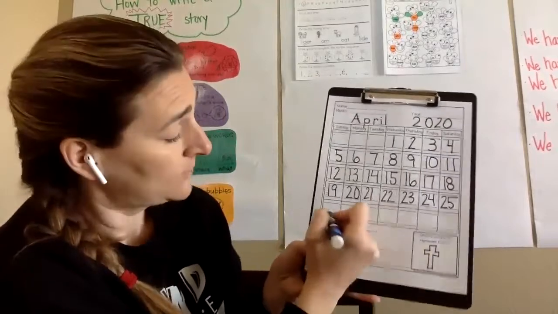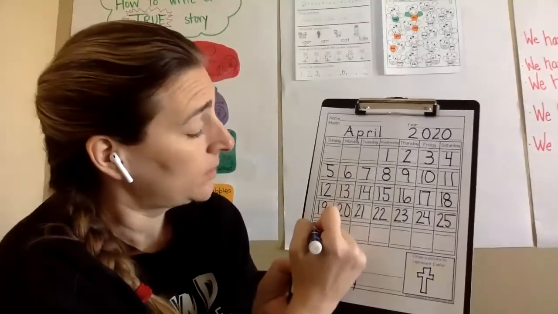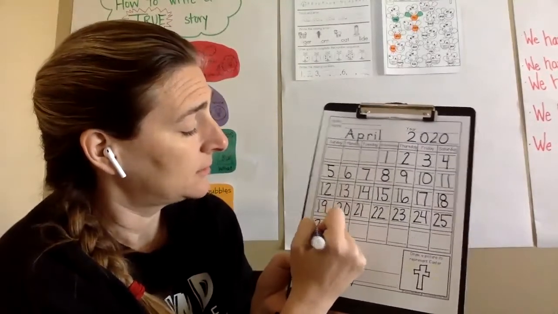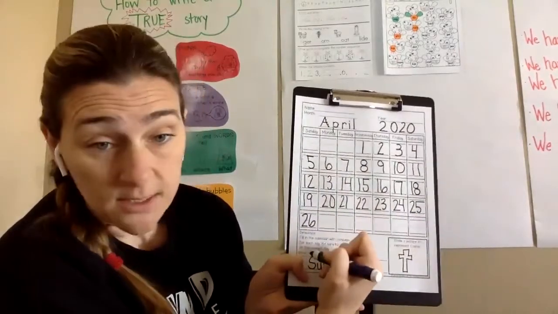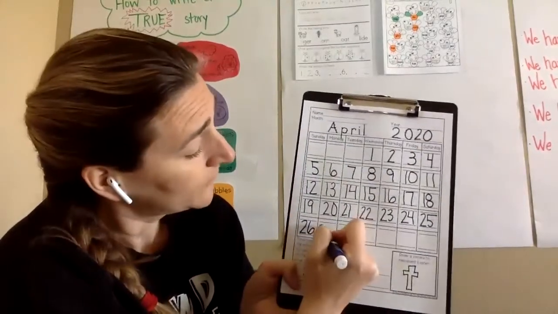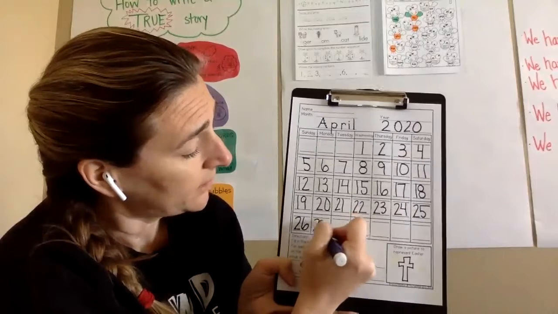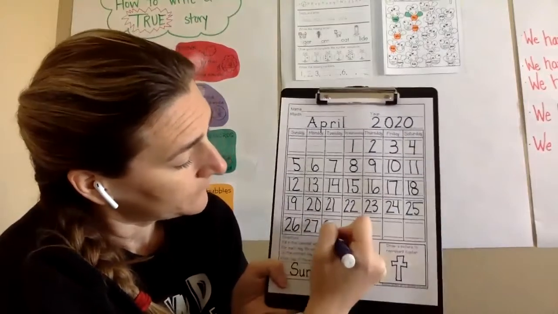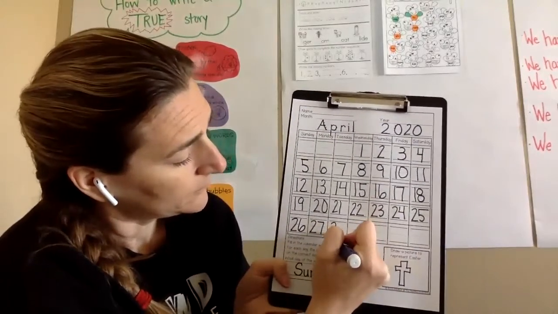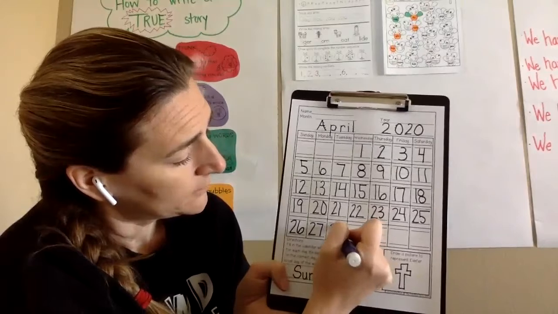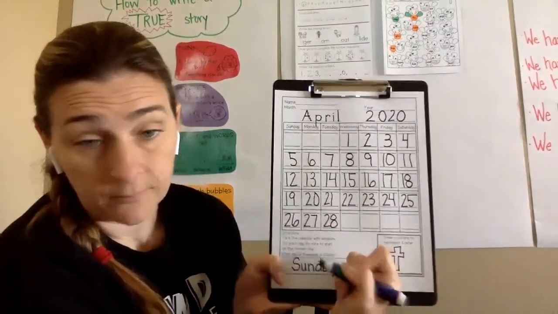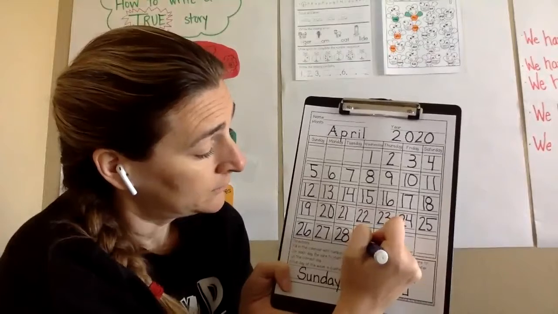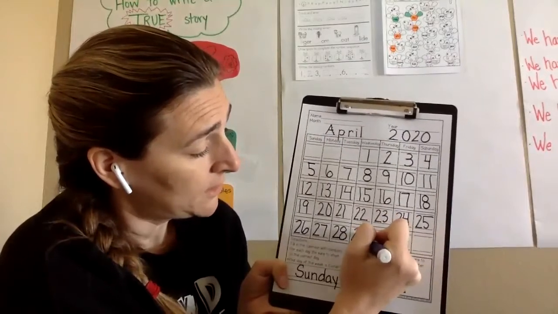Okay, and then we have to go to the next row again, and we do 26. Okay, so you got 26, 27, 28, 29.